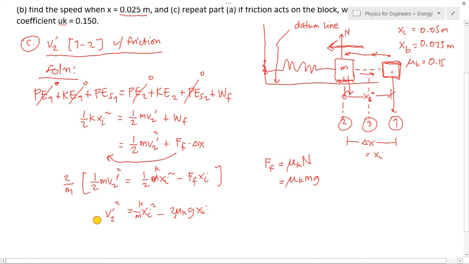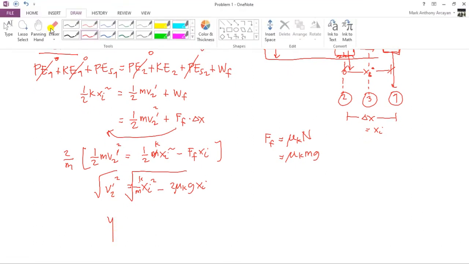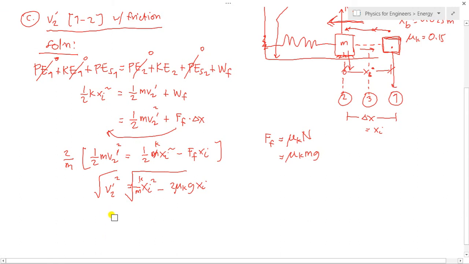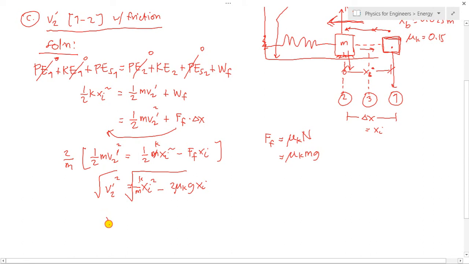So we can take the square root of both sides. We now have v2 prime is equal to the square root of k over m x sub i squared minus 2 mu k g x sub i.